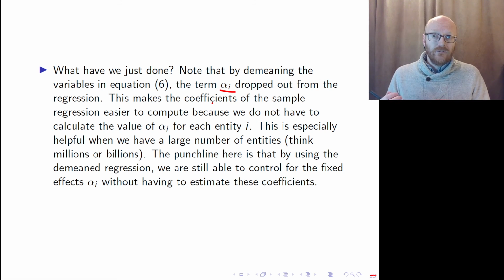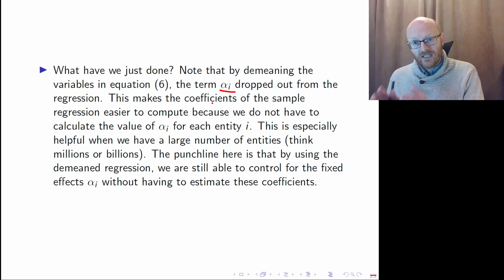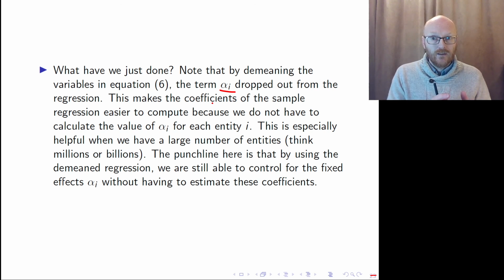It was the causal effect of the x variable on the y variable. We did not care about the intercepts, but we wanted to control for any fixed effects among the entities. Okay.